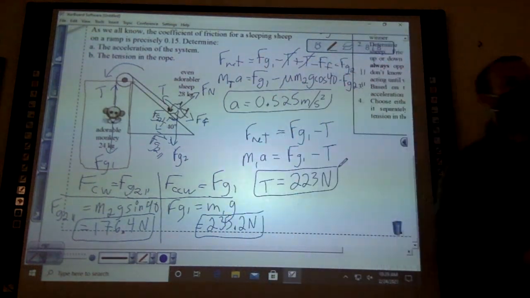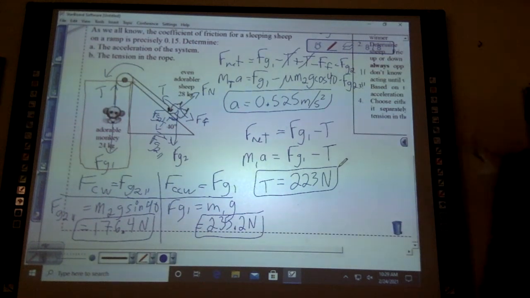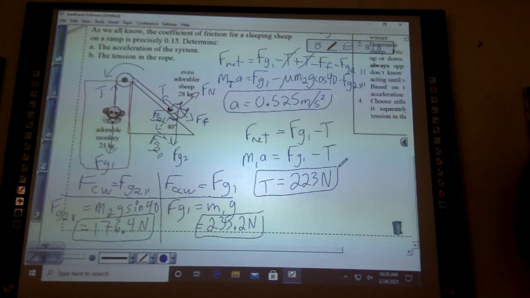Like I said, I could add more masses. So I could make a few things trickier to try and figure out an overall system for this. But there are a few things that are always going to be the same, and that's your strategy. So what is the very first thing I did in this question?